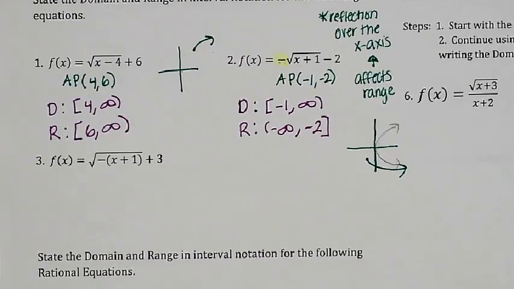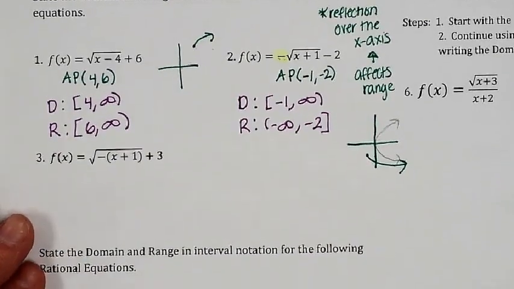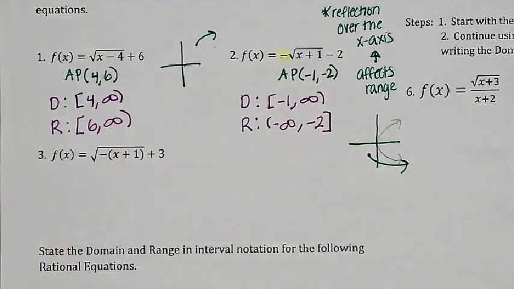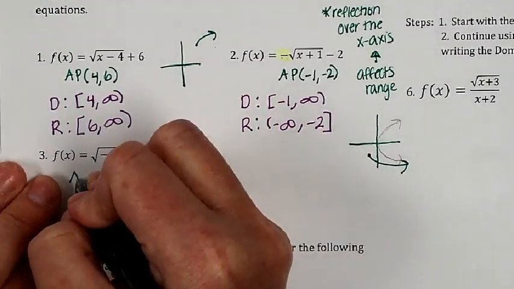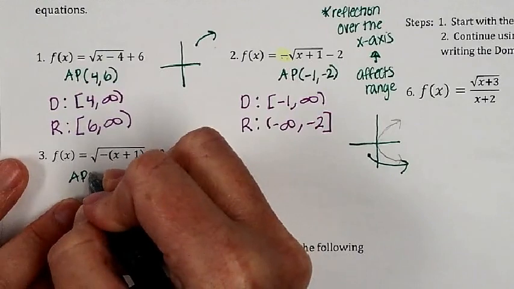Alright, number 3. The square root of negative x plus 1, and then plus 3. So what is my anchor point? -1, 3. We have a negative.